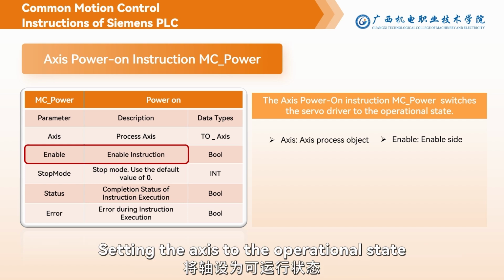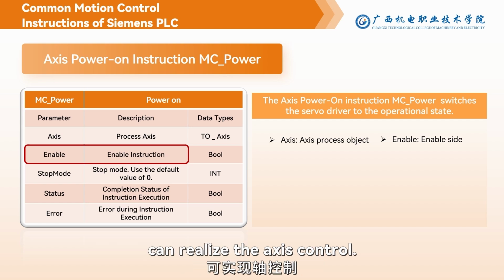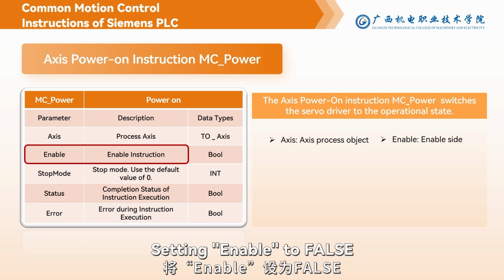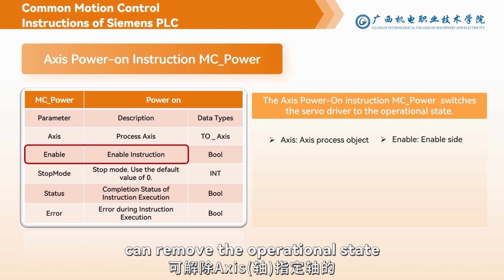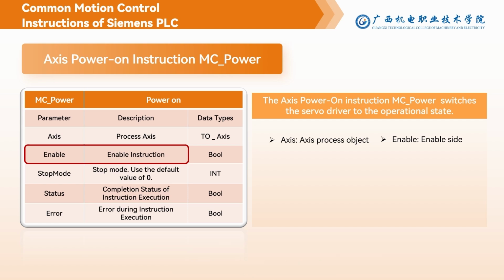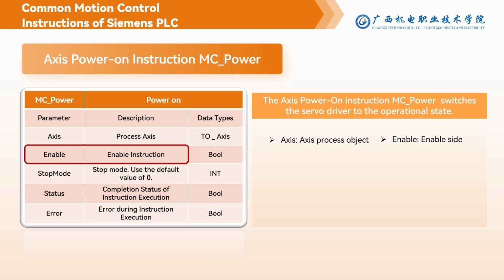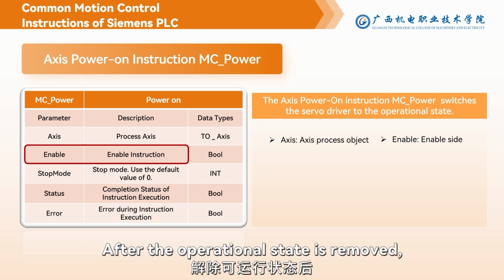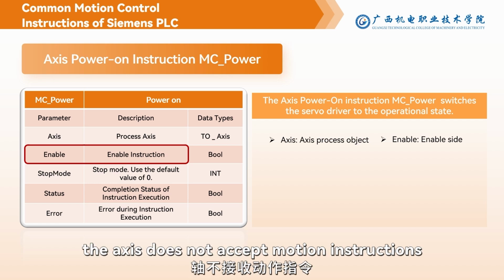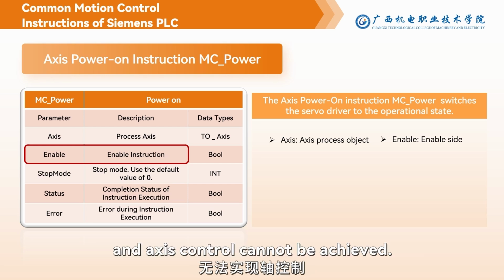Setting the axis to the operational state can realize this axis control. Setting enable to false can remove the operational state of the axis specified by axis. After the operational state is removed, the axis doesn't accept motion instructions, and axis control cannot be achieved.